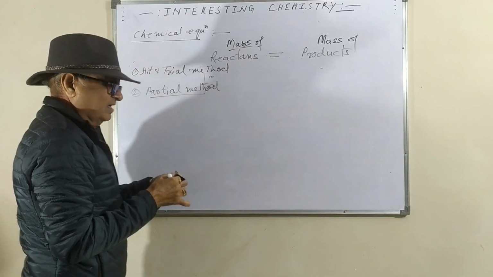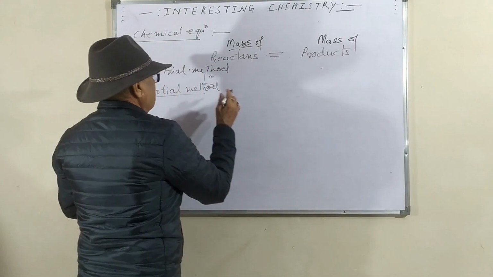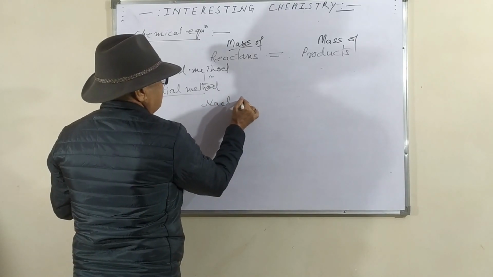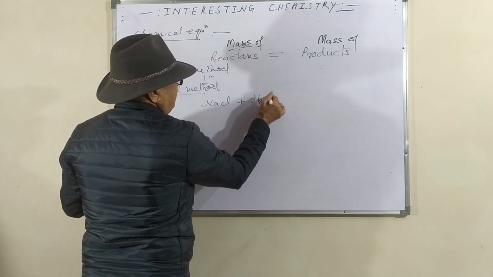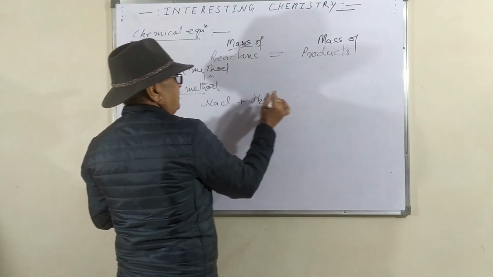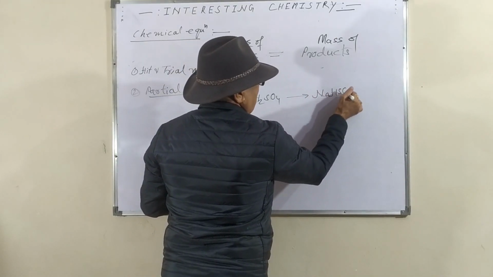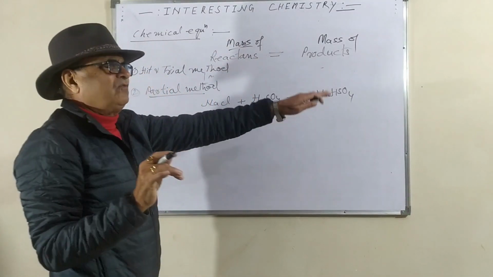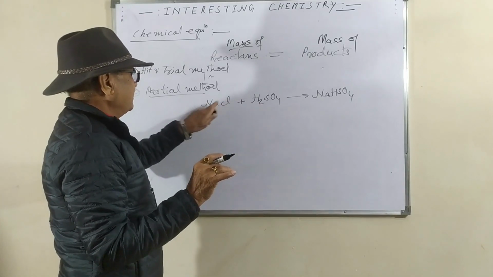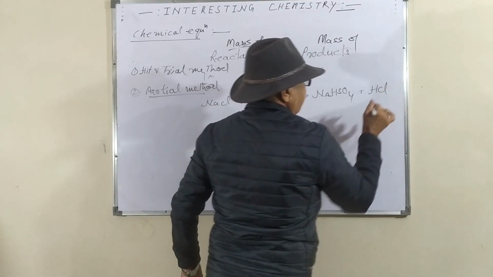In this method, suppose we take an example of sodium chloride. NaCl is treated with sulfuric acid. Here the sodium replaces one hydrogen, forming NaHSO4, sodium hydrogen sulfate, and this H again joins with Cl, so HCl will be formed.